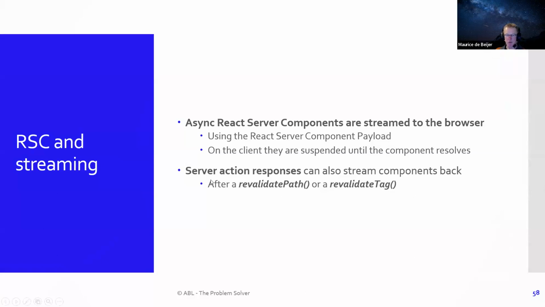These can be streamed back in the server action response and be used in the client to update things. So you might update a movie using a server action, and as part of the update, the response would re-render part of the UI, which is very convenient.